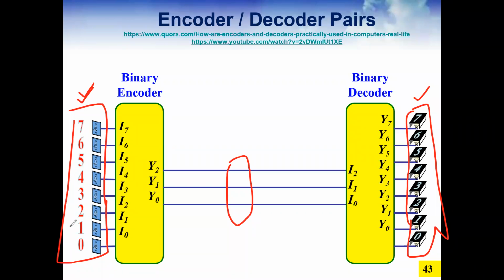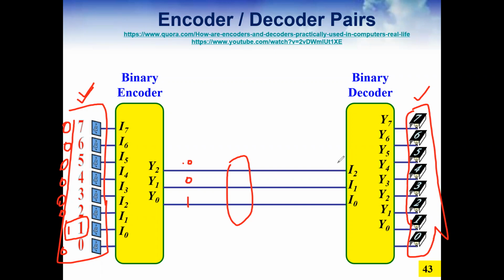If I press switch number 1, which is high, the rest are 0. The rule is that at a time only one switch will be active, the rest are 0. So what output will be generated here? It will be 0, 0, 1.